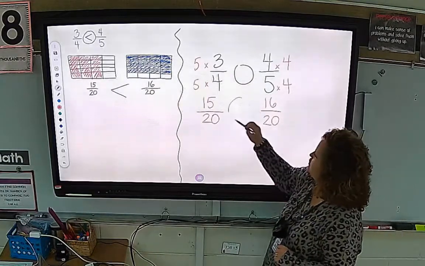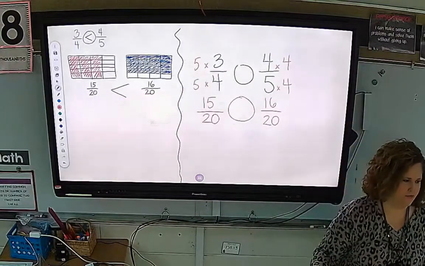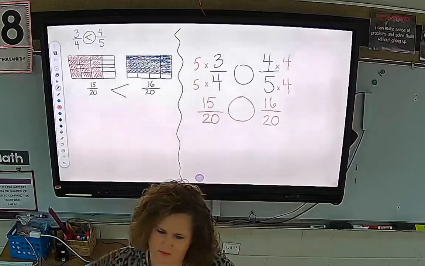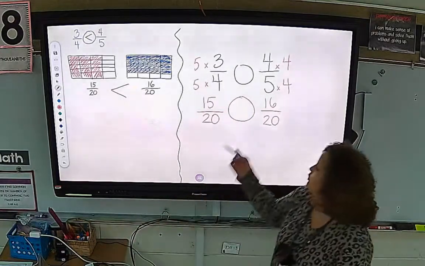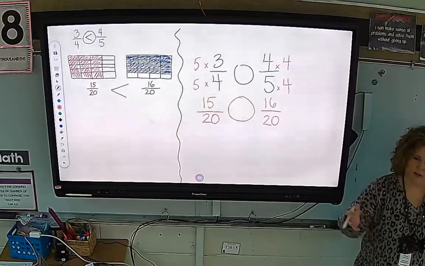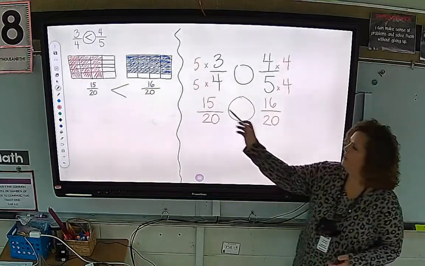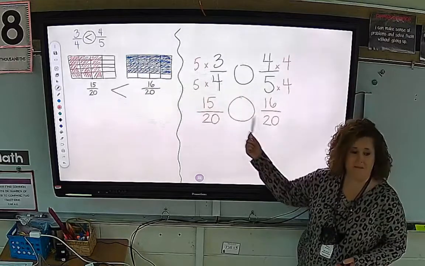So we win. They just had to become different fractions so that there was no longer this feud between 3/4 and 4/5. So now all the 20ths, since they're kind of connected, they're all kind of the same, they get along. Okay? So we created 2 fractions with the same denominator.